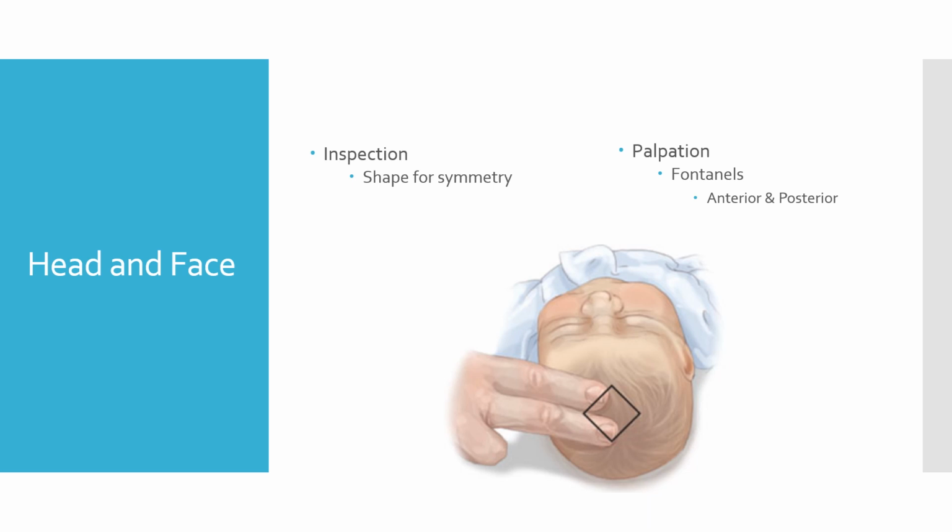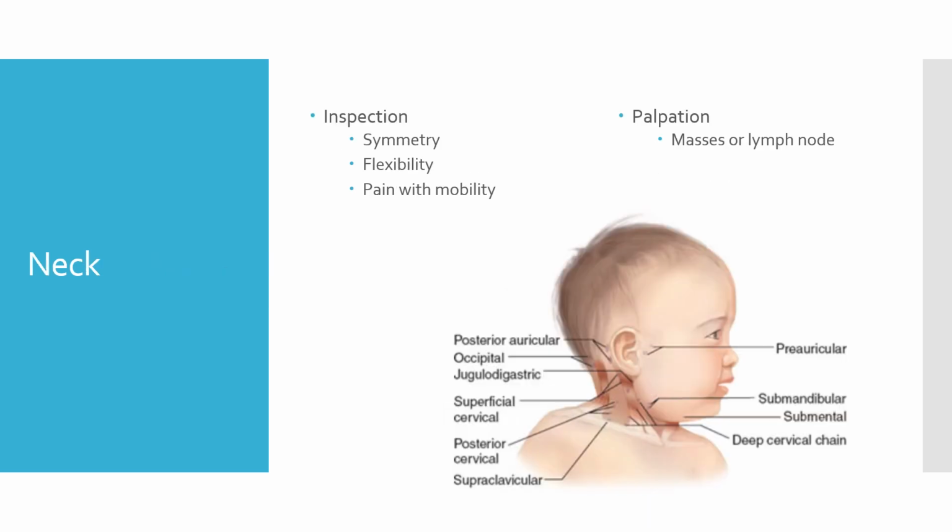The anterior fontanelle closes between 9 and 18 months, where the posterior fontanelle is going to close between birth and 2 months. So when you're at Children's, I really encourage you, if you find an infant, to feel that fontanelle so you just have an idea of what you're trying to feel for. Fontanelles should not be depressed or bulging. Depressed could indicate some type of dehydration. Bulging could indicate some type of increased intracranial pressure.